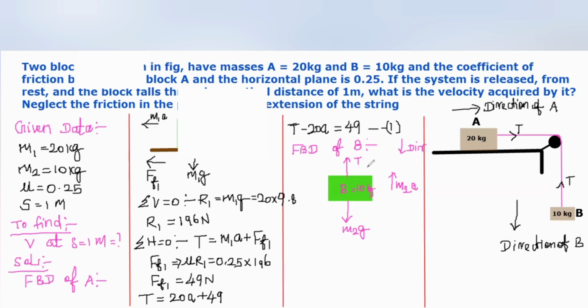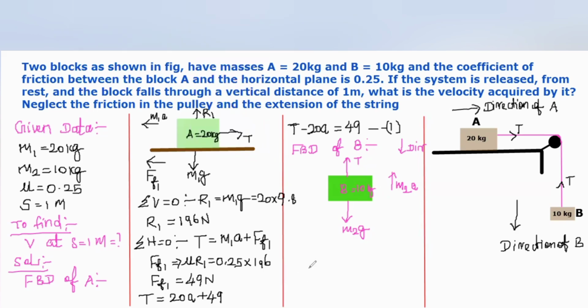Now here only vertical forces are acting. There are no horizontal forces. So we can take the summation of vertical forces equal to 0. There are two upward forces: tension plus M2A equals the downward force, that is M2G. So we can write T plus M2A equals M2G.